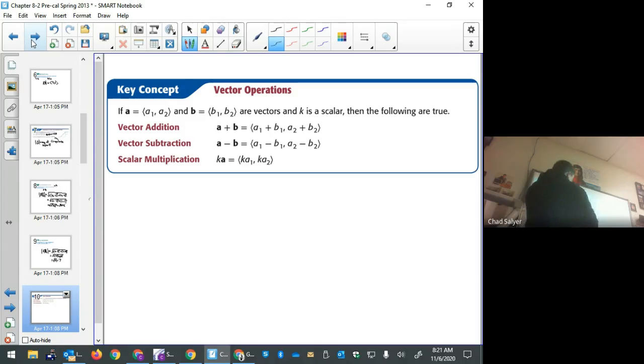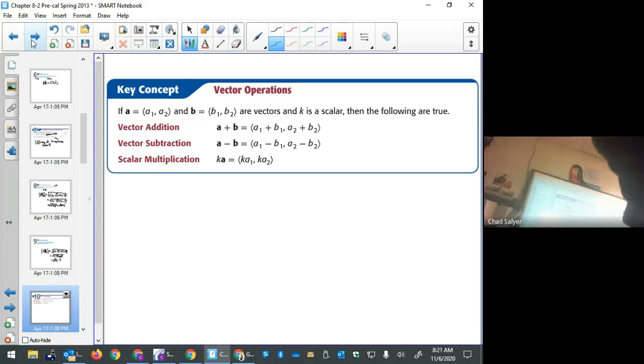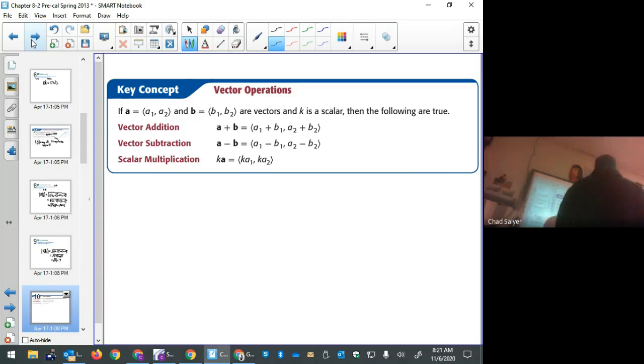Vector operations, addition, subtraction, and scalar multiplication all work exactly the way you would expect them to. With addition and subtraction, you add or subtract corresponding components.